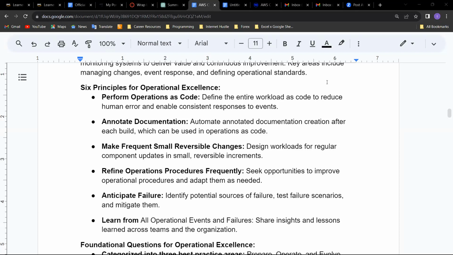This helps with easily working with code, and in case anybody takes it over, they are able to work with it. Anytime there are problems, you are able to go straight to where the issue is and sort it out. And there is also making frequent small reversible changes.